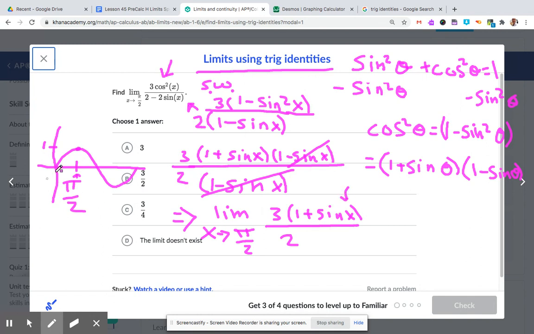I already talked about that. I found it. It was 1. So when you plug it in, remember, there's no issues now. So this would be equal to 3 times 1 plus 1 all over 2. 3 times 2. The 2's cancel. 3. All right, 3.